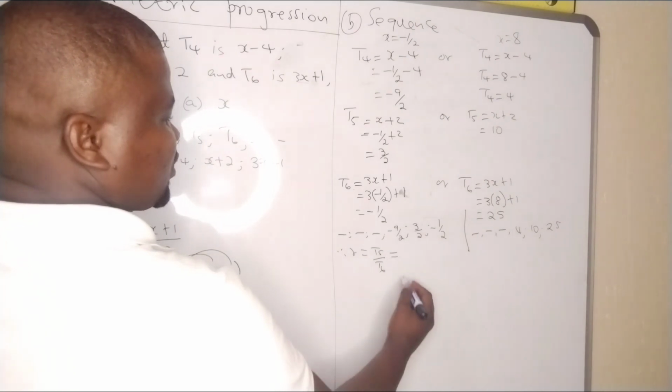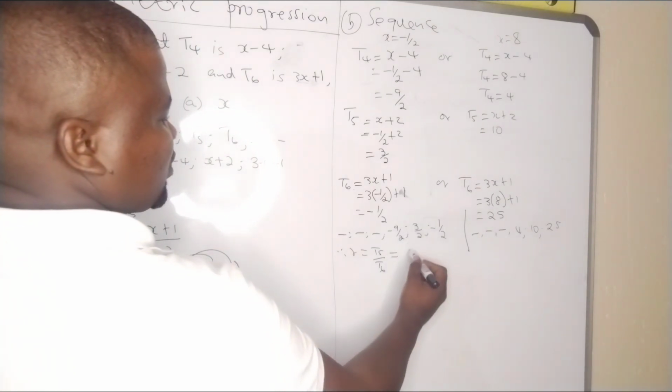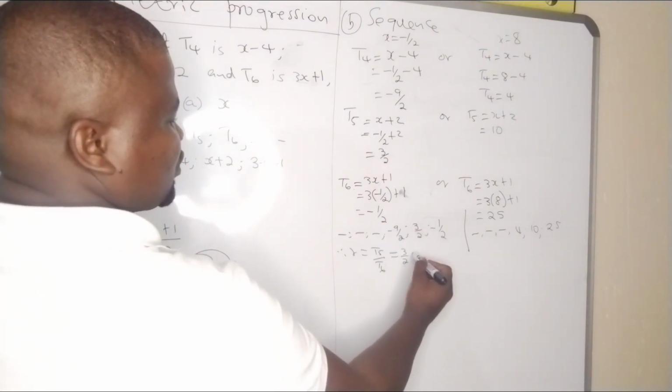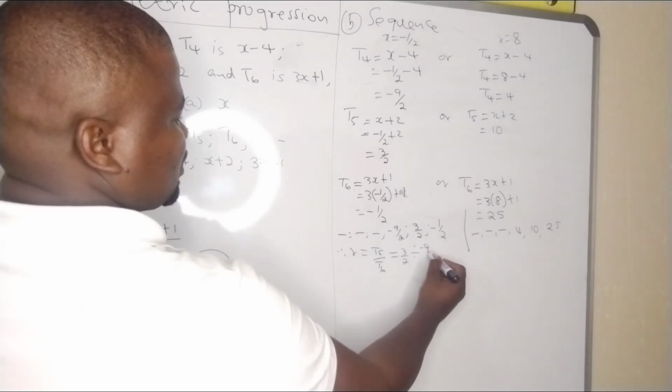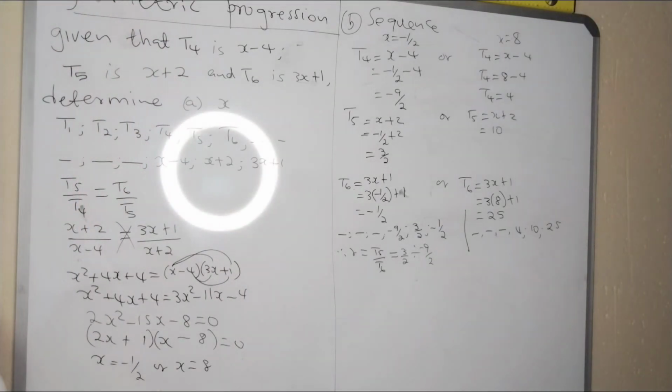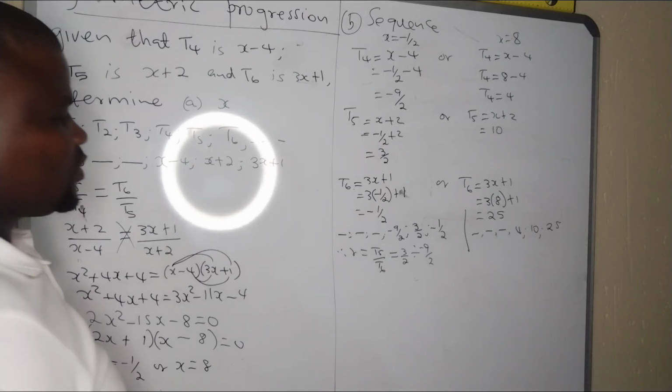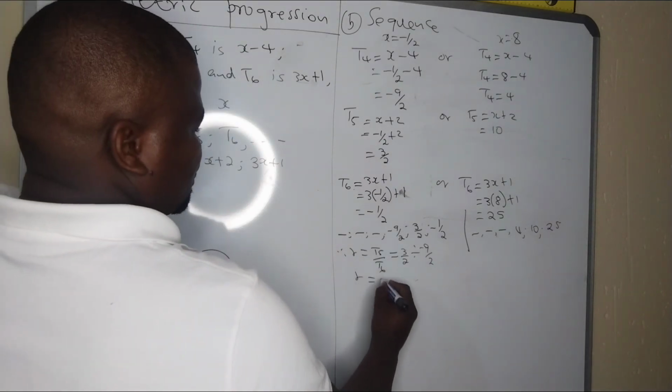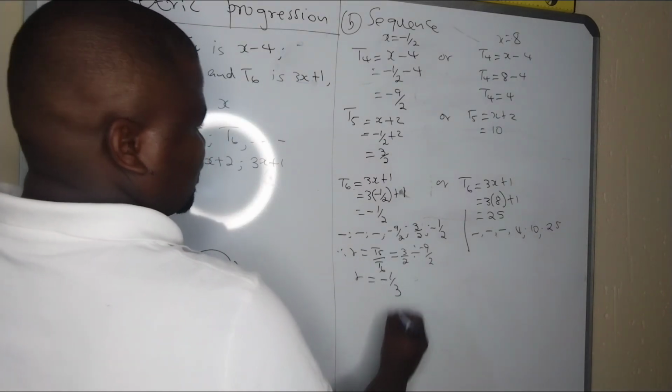So if I say T5 divided by T6, you can see this is term number 5, is 3 over 2 divided by negative 9 over 2. Use your calculator faithful, then you'll see that your answer should be negative 1 over 3. Press the calculator. Your constant ratio will be negative 1 over 3.